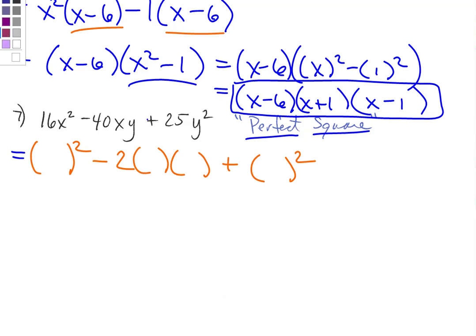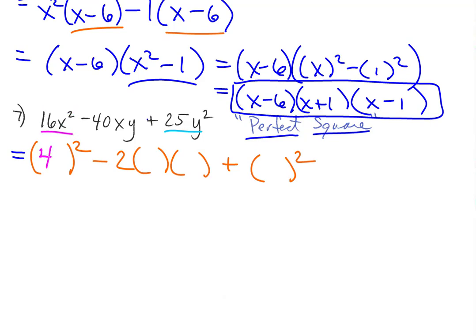You'd first want to spot: is it possible to turn the ends of this original problem into the ends of this formula? So in other words, can I write the first term of this formula, the first blank that's squared, as something that would equal the first term in the problem?